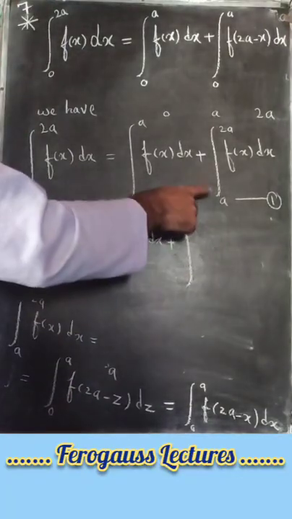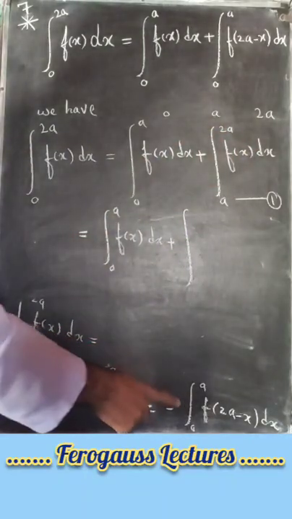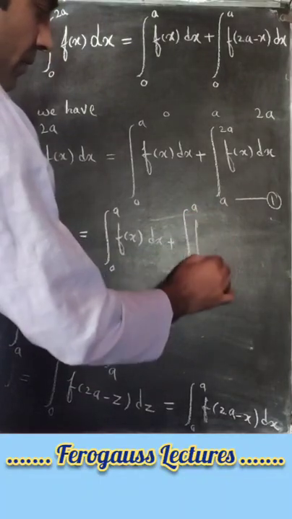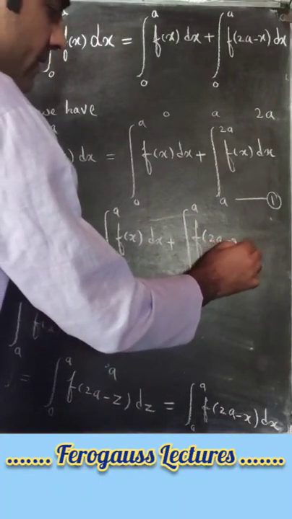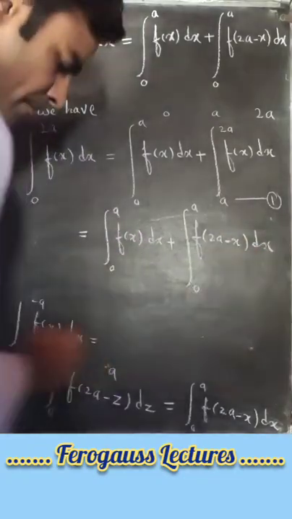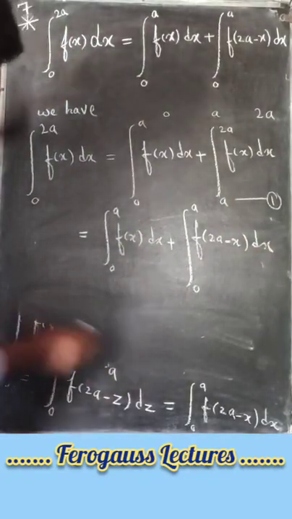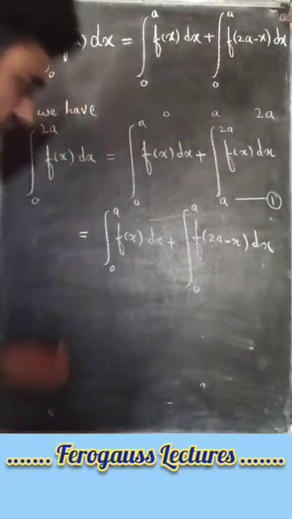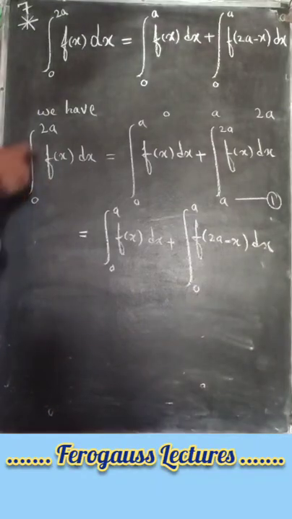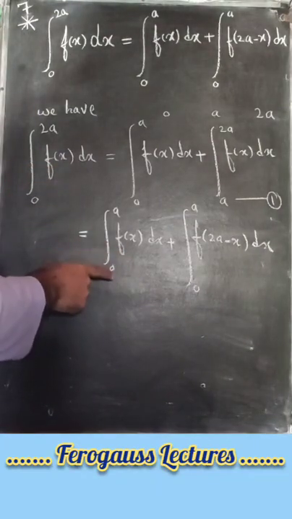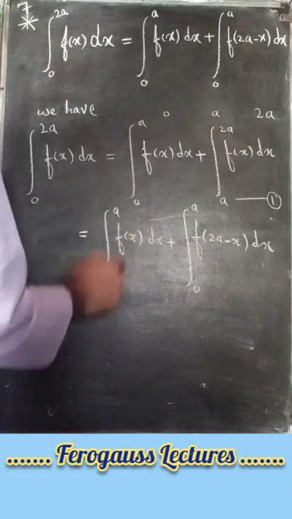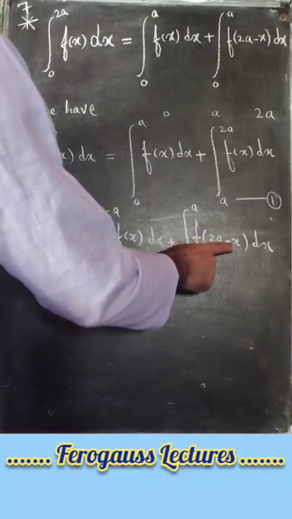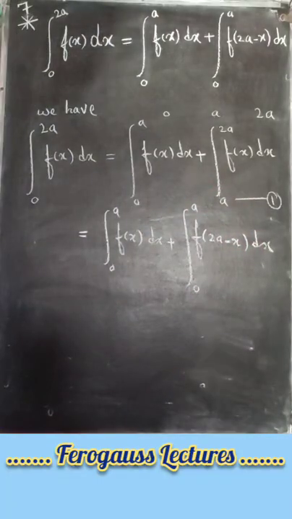Now instead of integral a to 2a of f(x) dx, we can write integral 0 to a of f of 2a minus x dx. Okay, and this proves the result. Thus integral 0 to 2a of f(x) dx is equal to integral 0 to a of f(x) dx plus integral 0 to a of f of 2a minus x dx.